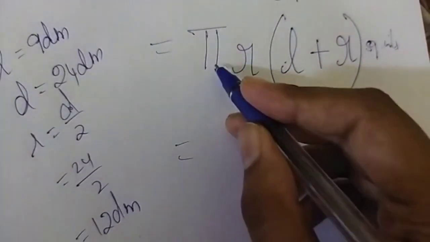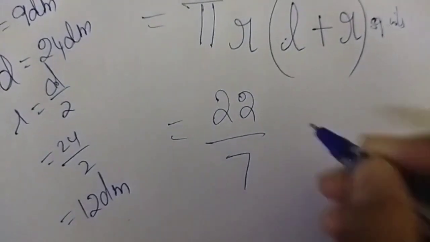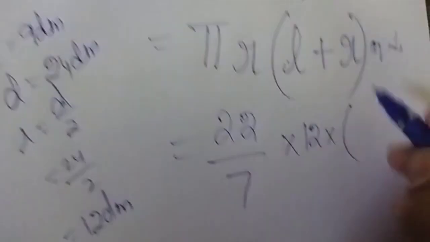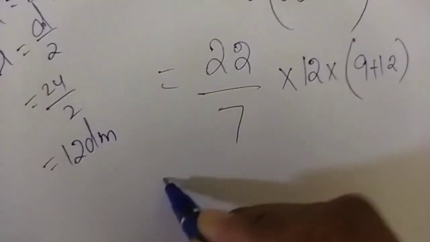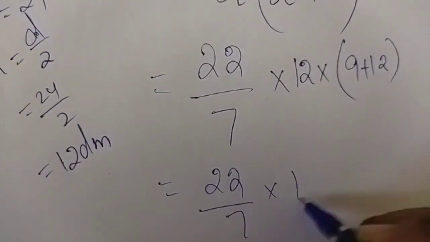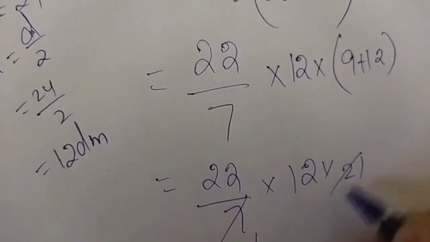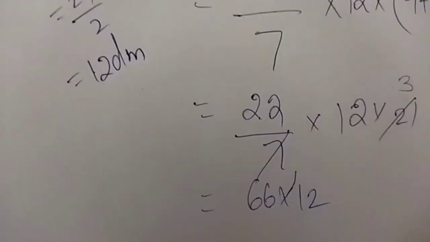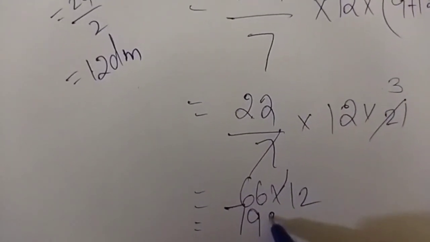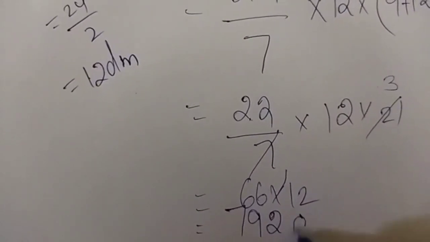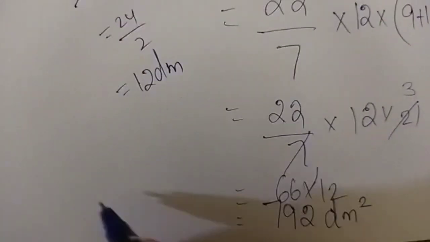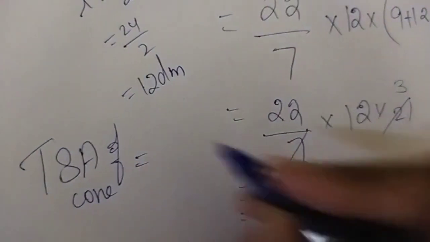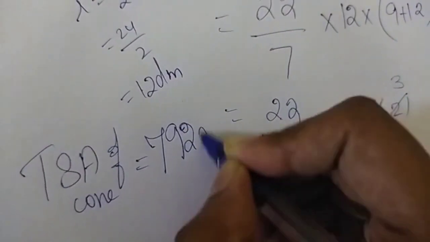If you substitute the values, 22 by 7 into radius 12 into L 9 plus 12, 22 by 7 into 12 into 21. 22 into 3, 66. 66 into 12 is equal to 792. Here the unit is decimeter, so decimeter square. So TSA of a cone is equal to 792 decimeter square.